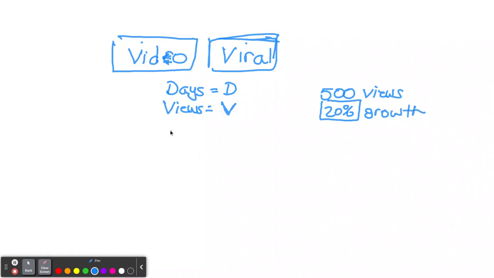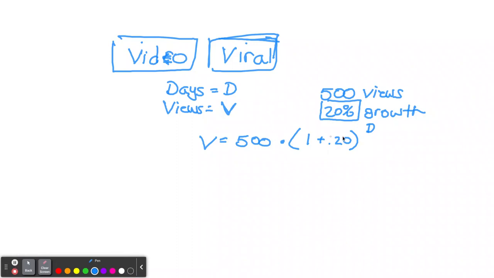So we want to know how many views that would be. If we have views equal 500 times 1 plus 20%, 1 plus 0.20, and then we'll put D. So now we can make a question with this.